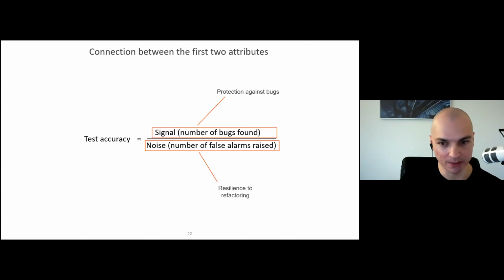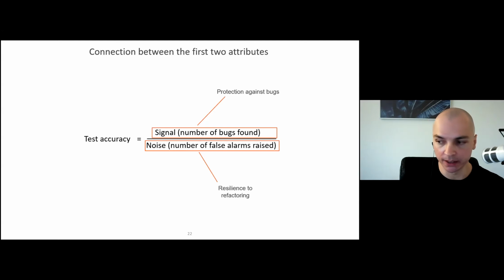Well, that's pretty obvious, because the only reason why you write those tests is to have them find bugs for you, reveal bugs. But the opposite is also true. Even if your test is capable of finding bugs in your code, if it does that with a lot of noise, then its value, its accuracy also gets to almost 0.